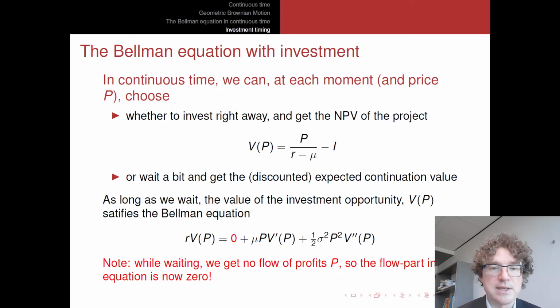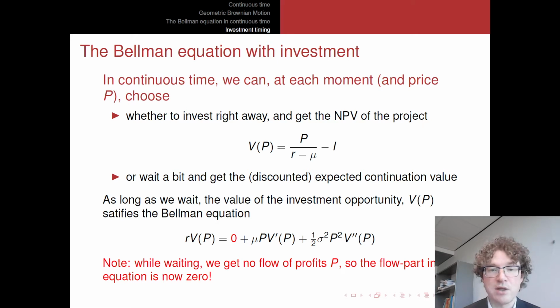The point is that for all the time that we're waiting, this value will satisfy a Bellman equation, because that's the continuous time equivalent of the Bellman equation that we had before. So this continuation value, the value of the option to invest before we have exercised it, will again satisfy such a Bellman equation, but now without this first P. If you remember, this first term represented the cash flow, the money that we get while waiting.